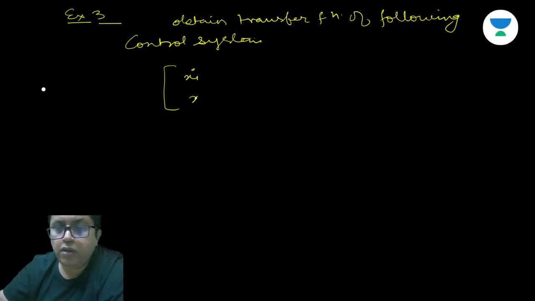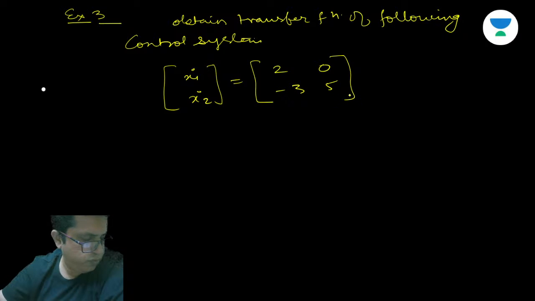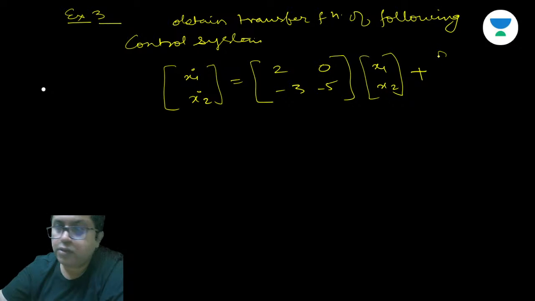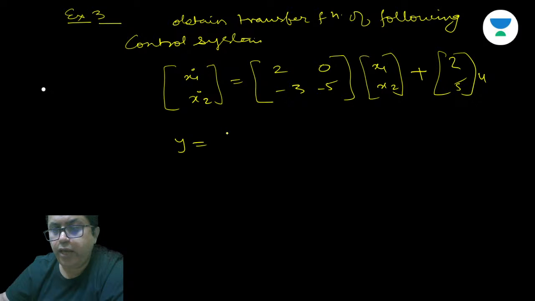X1 dot, x2 dot is equal to 2 0 minus 3 minus 5, x1 x2, these are the states, 2 5, this is input, y is equal to 1 1, x1 x2.